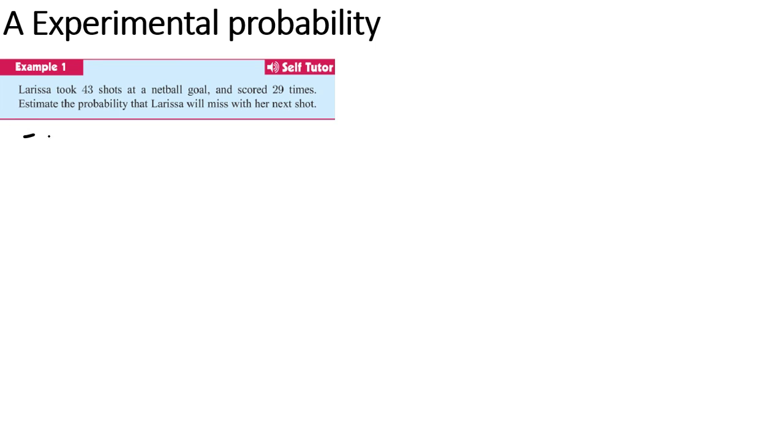So the number of trials is equal to 43 because she tried 43 times, and the absolute frequency of scoring is 29 because she scored 29 times.